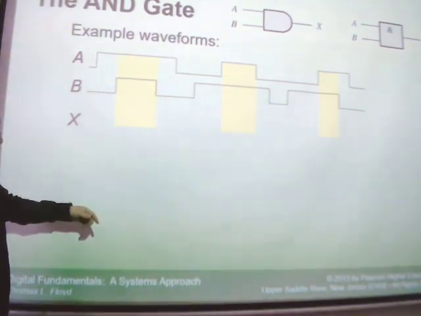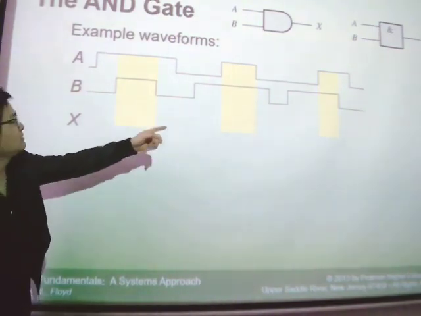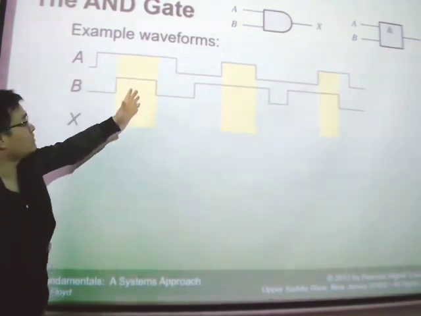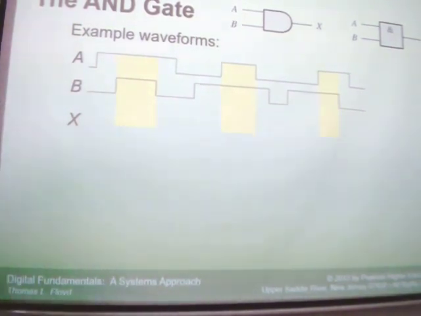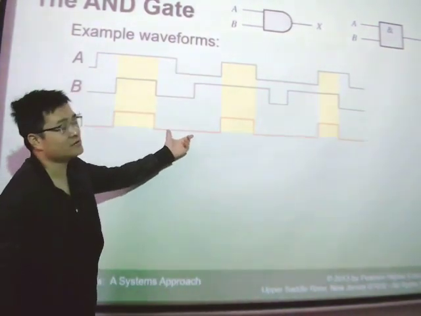Note that on the yellow area, A is high, B is high, so the value of X is high. On the other areas, the value of X is 0.